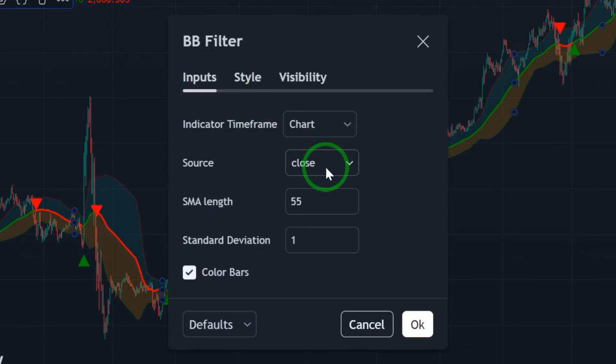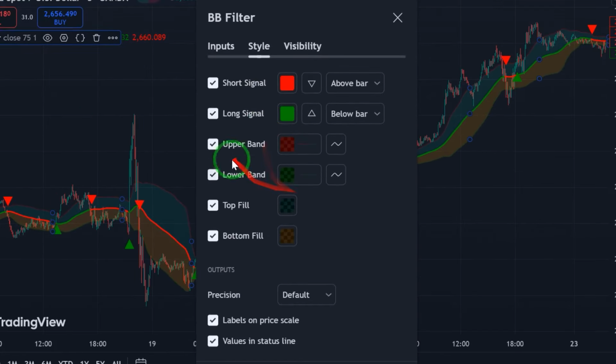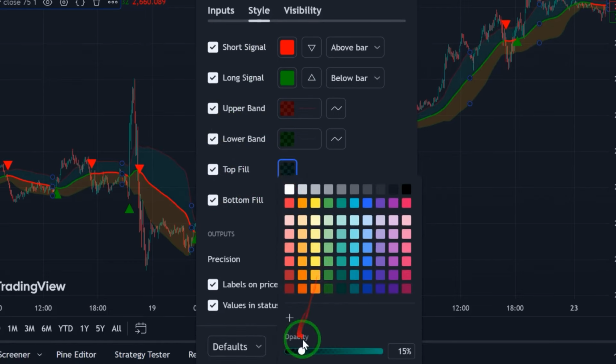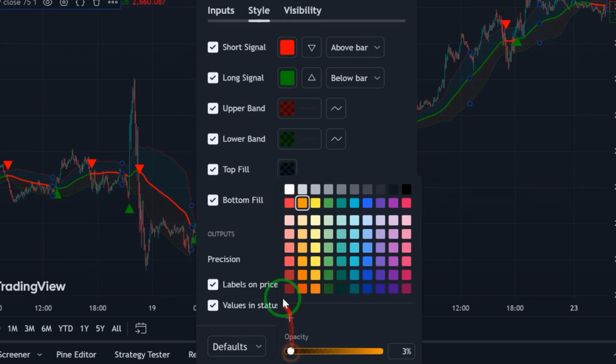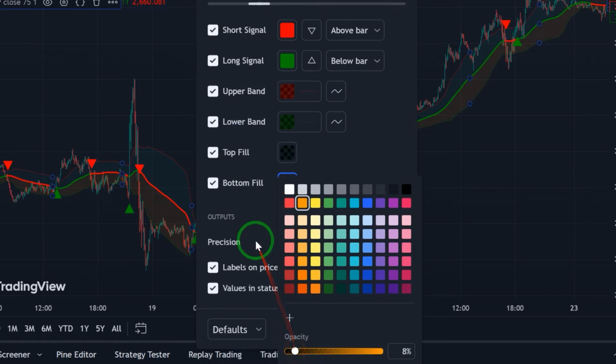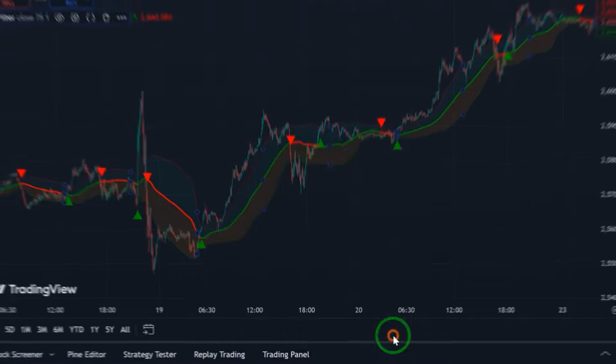Please pay close attention to the numbers as they are very important for us. Once you have correctly completed all the steps, we can start using this indicator as we want.